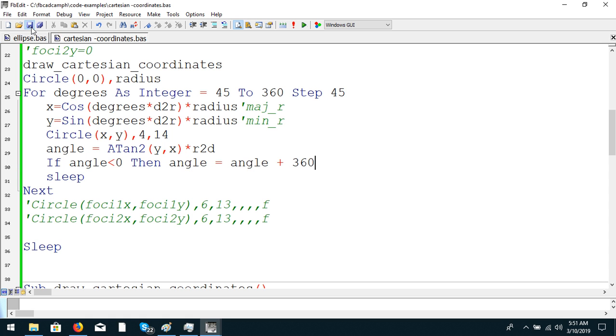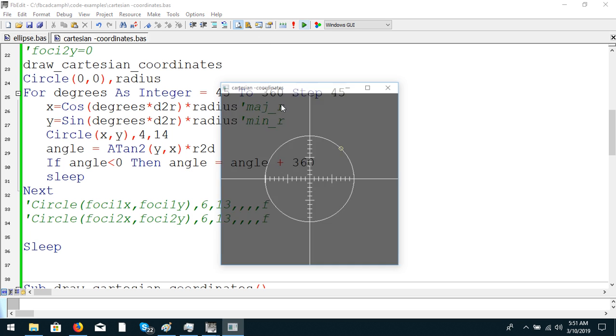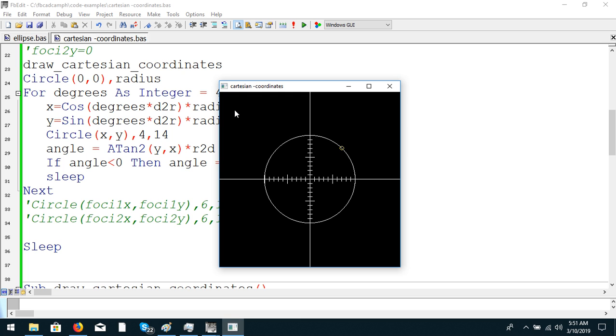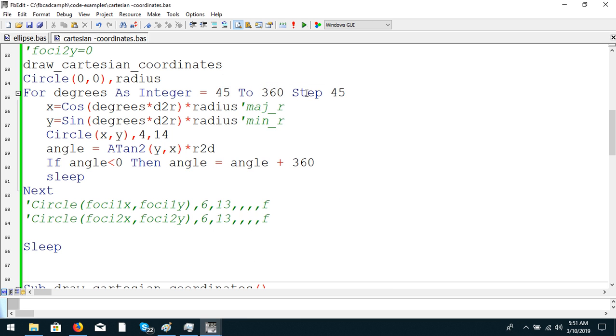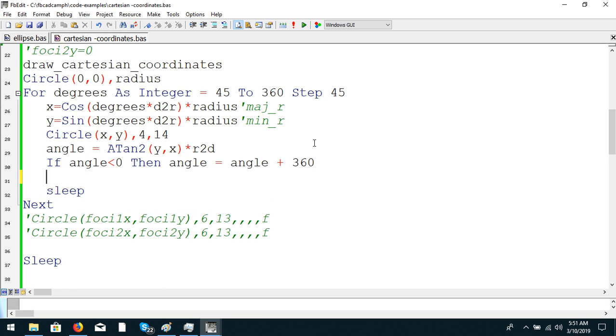And save and run. Oh, sorry. Let me just go all the way around. I have to print it. Print angle, whatever the value of angle is returned by arctangent 2. And save and run.